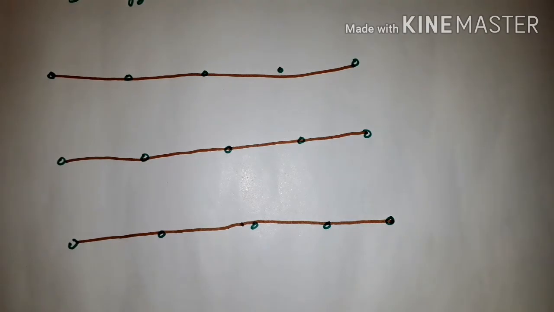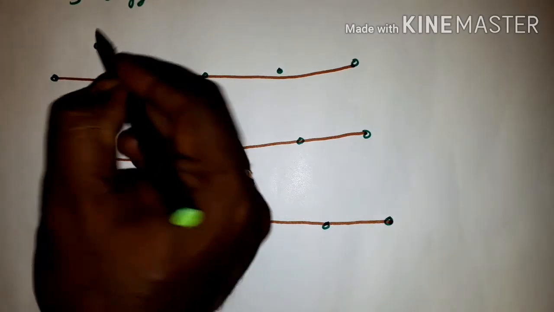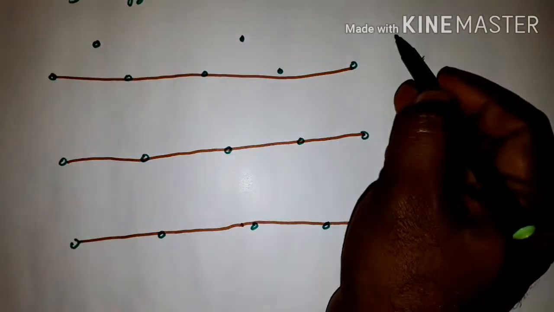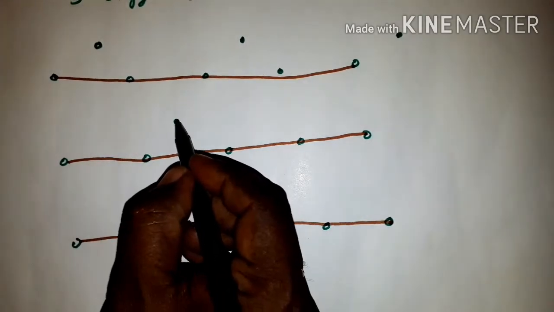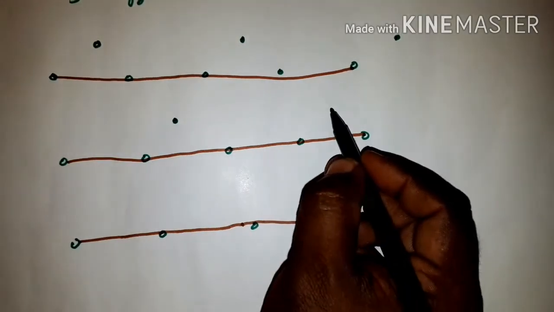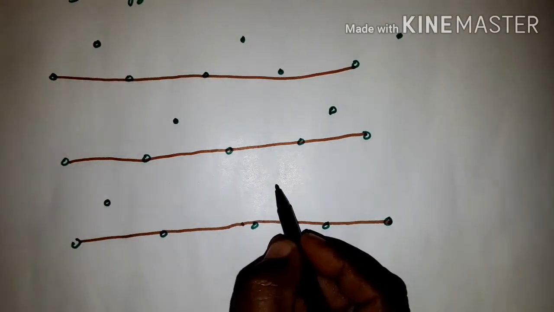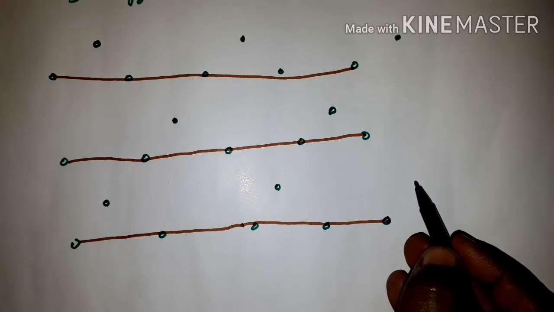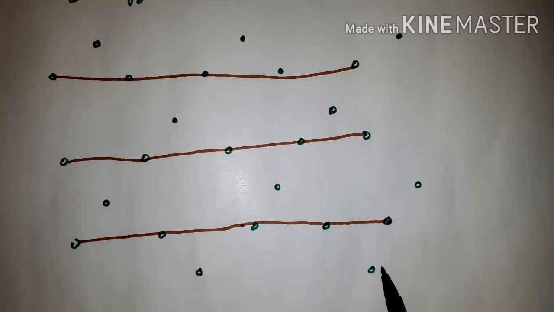Now make oxygen atoms in alternate positions. This one here, then here, then here. Then here, and the alternate positions here. Now place here, then here. This is the alternate position. Then here, then here.